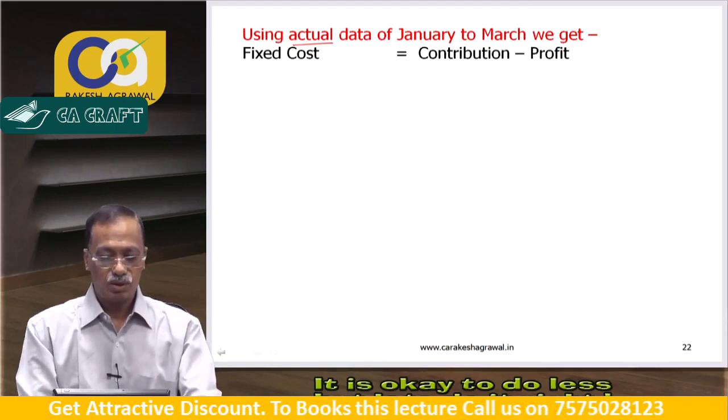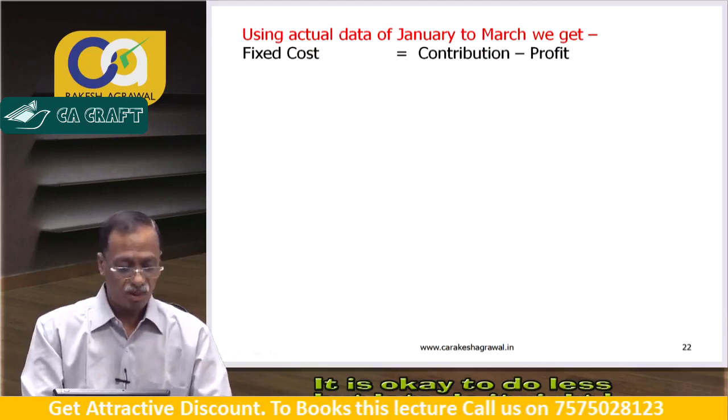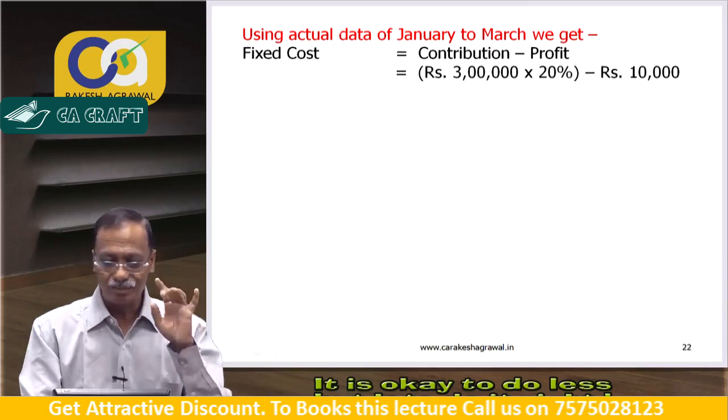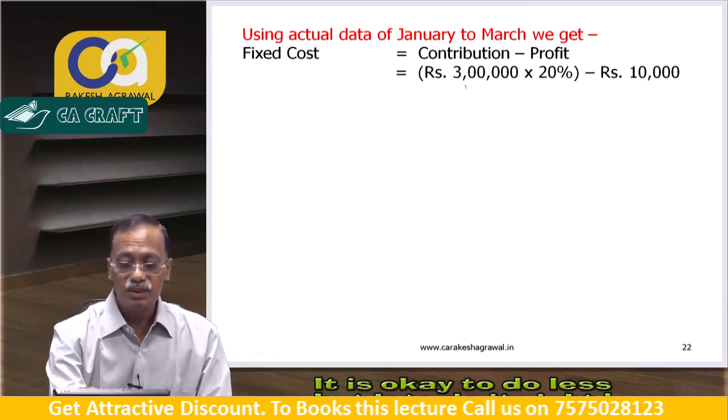Below write down, fixed cost is equal to contribution minus profit. I am using actual data, not converted data. Actual data of January to March was, you were given sales 3 lakh.